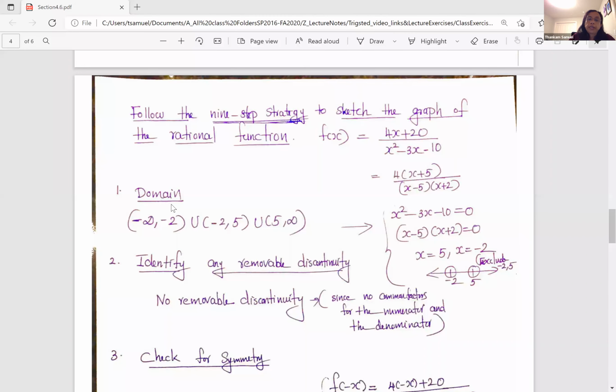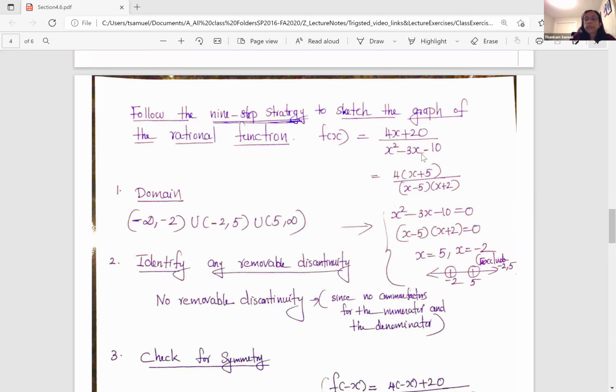Generally speaking, the domain is the set of all x values for which the function is defined. In the case of a rational function, the denominator should not be equal to 0, because if the denominator is 0, that makes the function undefined.